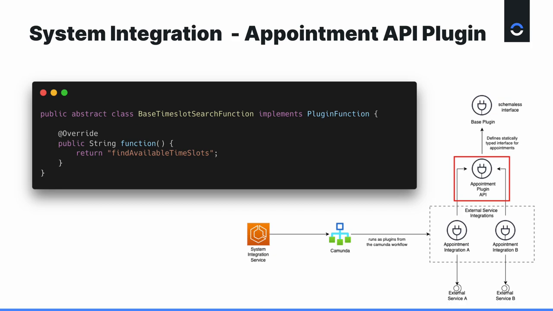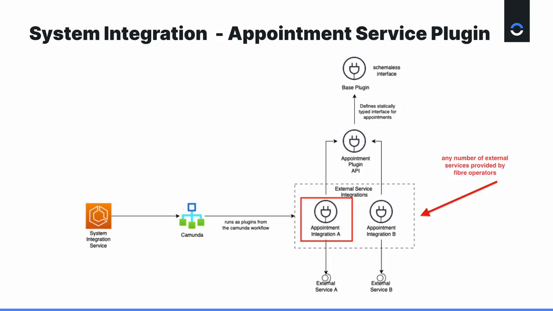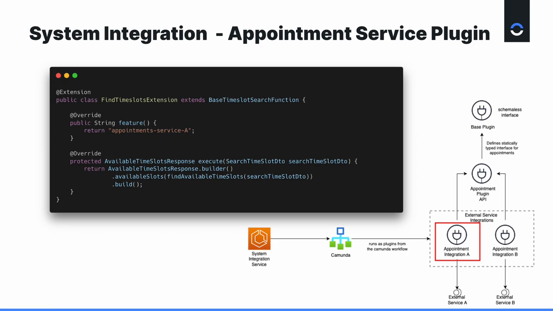In this plugin, we have just the definitions of our functions. And every external service provided by fiber operators will have to implement these functions. So let's take a look at one of the example external services.